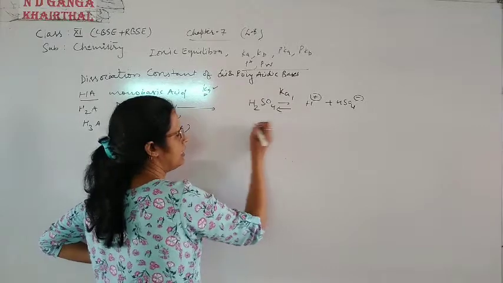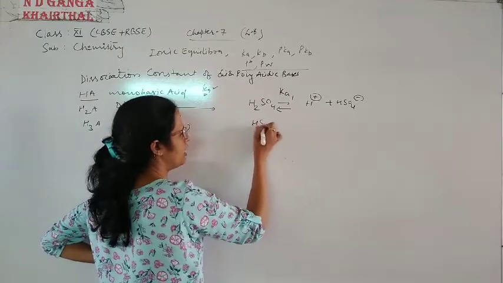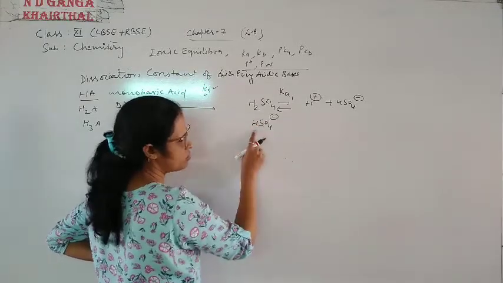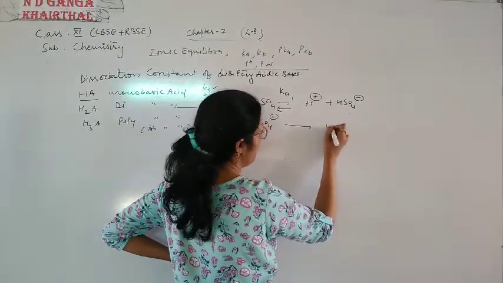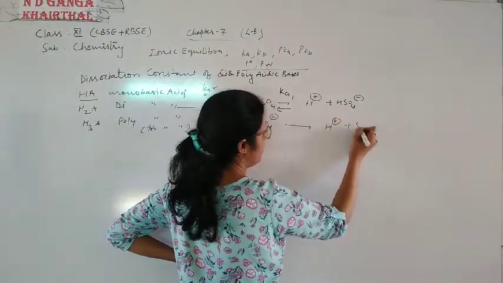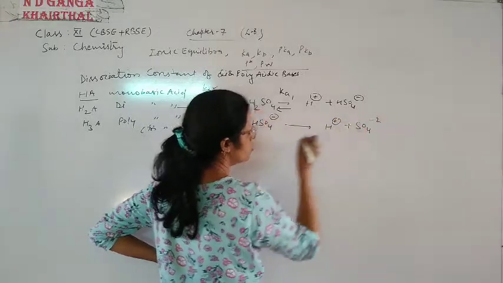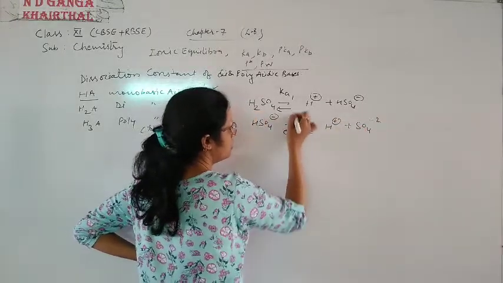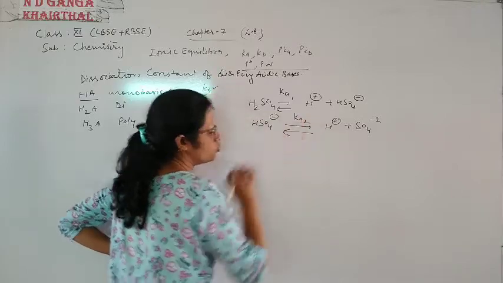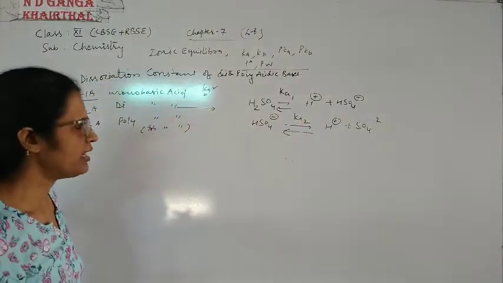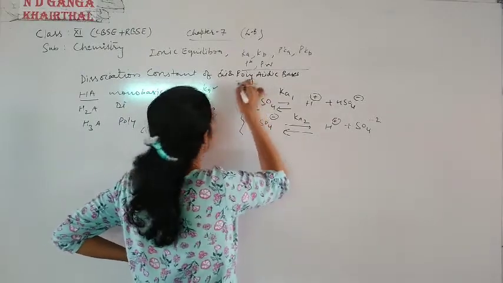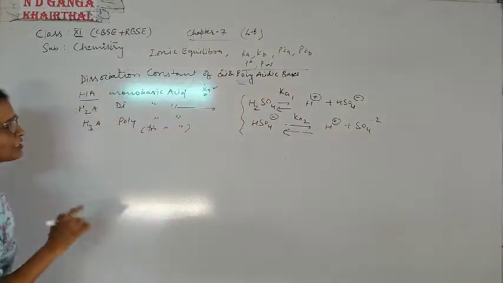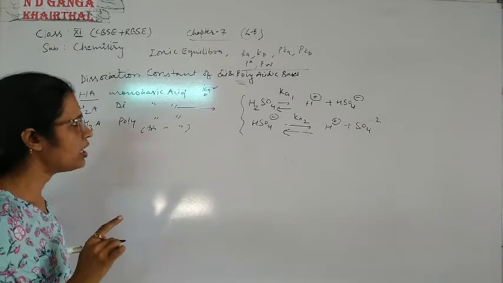Now this HSO4 negative also has one H-ion, so it can again ionize and give one H-ion and SO4 minus 2. So it will be Ka2.